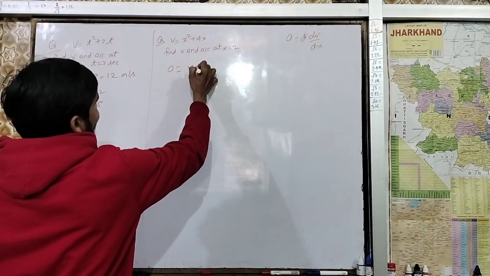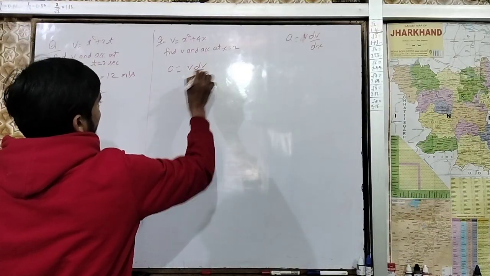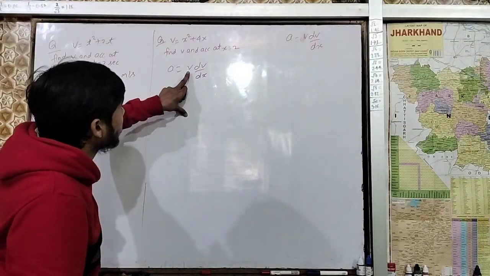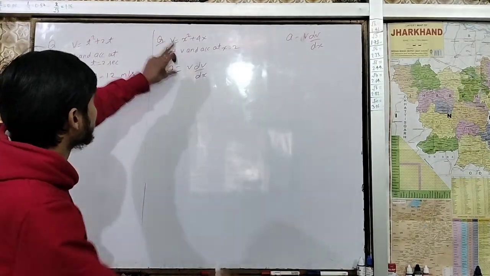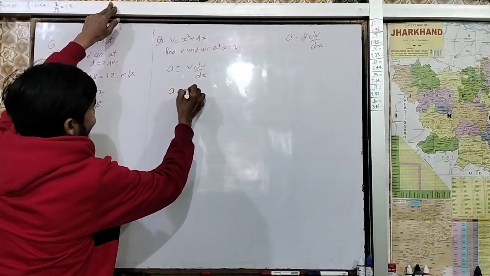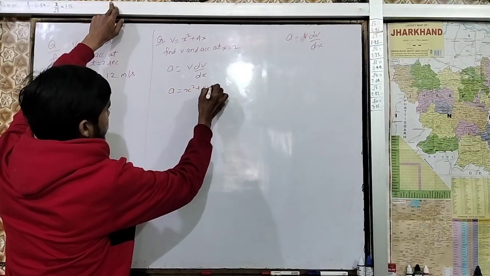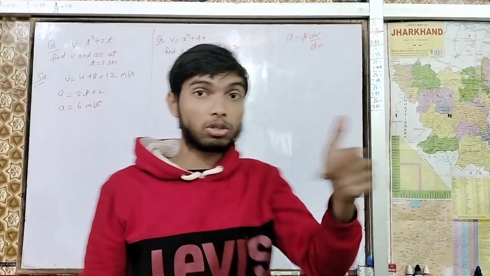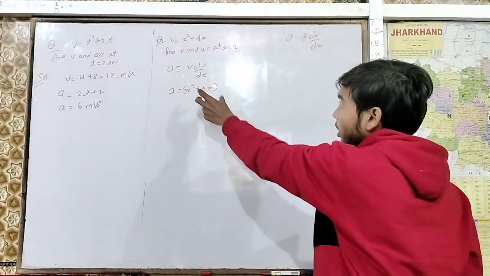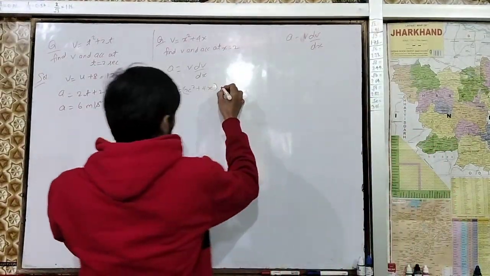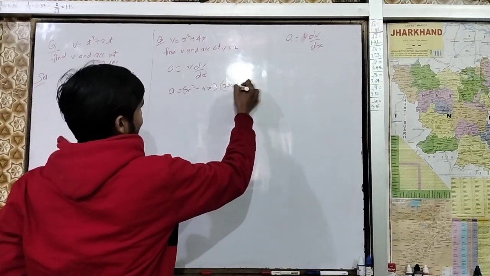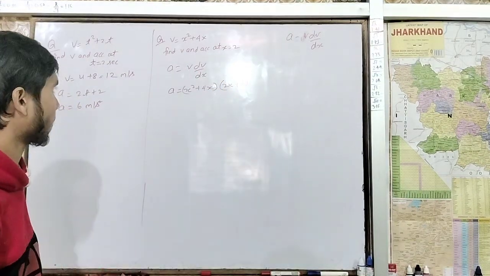Here we have v into dv upon dx. We are not differentiating this v, okay? This will be x square plus 4x. This is in one bracket. Into differentiation. Now we are going to differentiate this x square plus 4x, which is 2x plus 4. It is in another bracket.